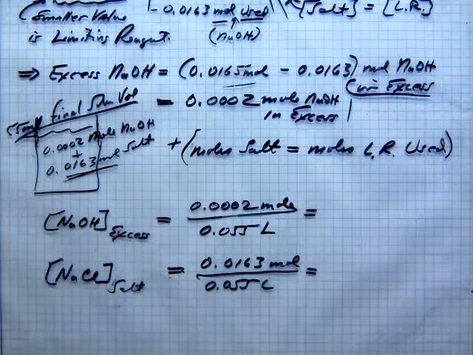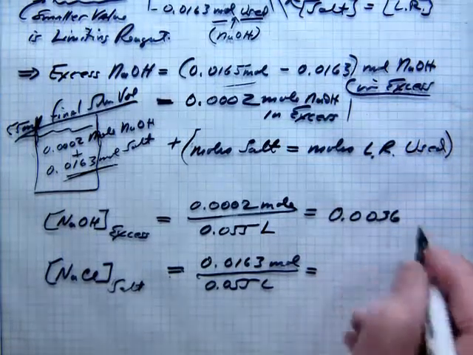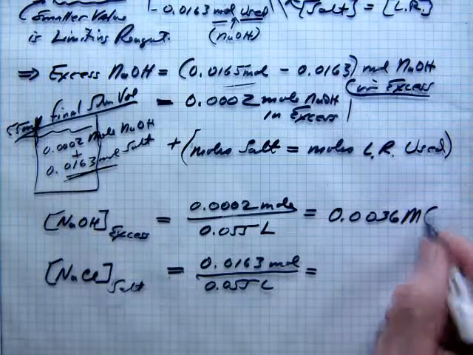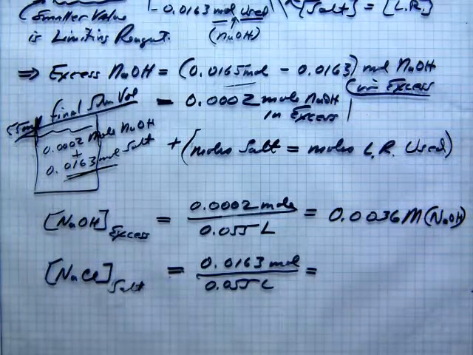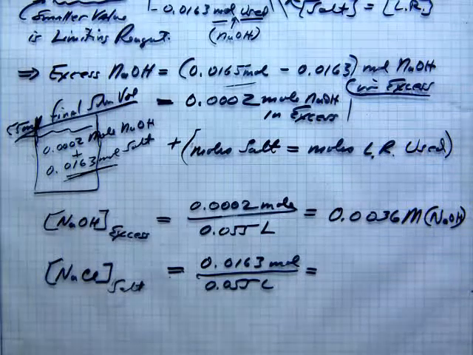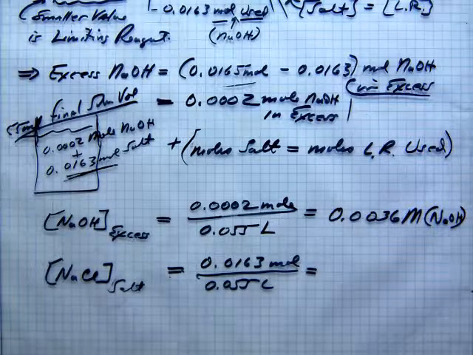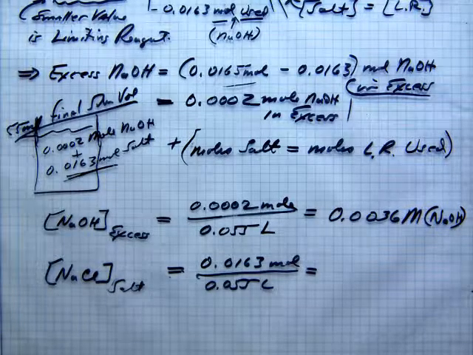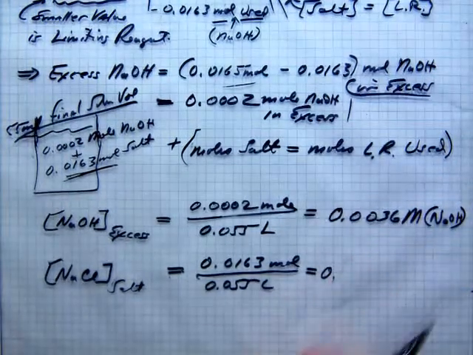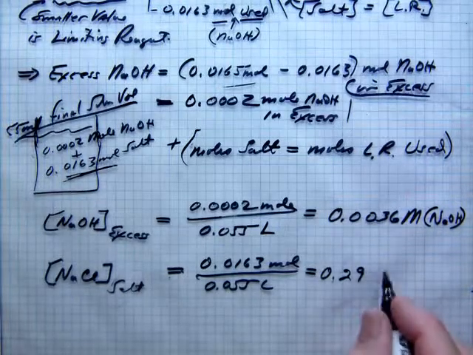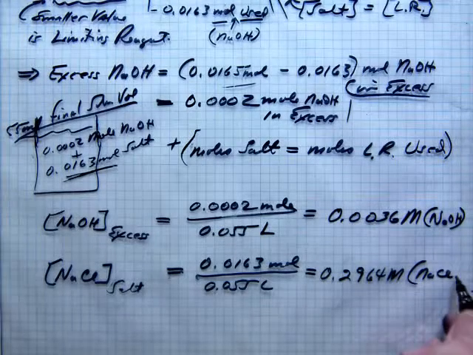0.0036 molar NaOH. Let me get 0.0163 divided by 0.055 equals 0.264 molar NaCl.